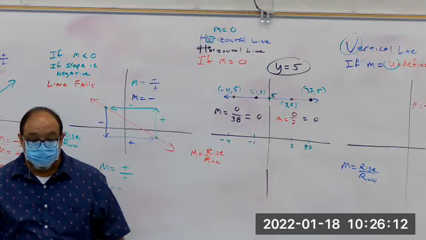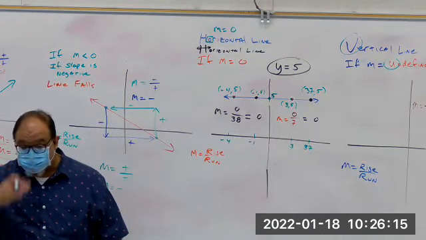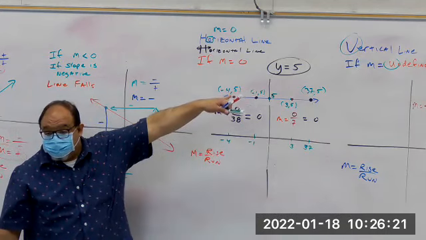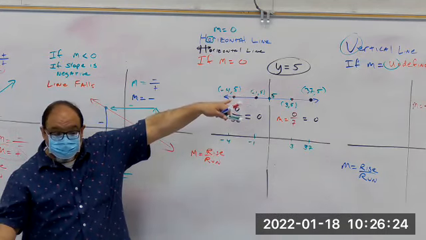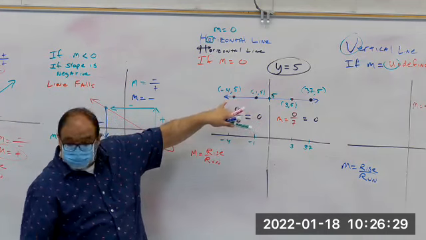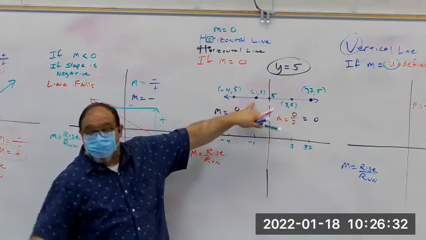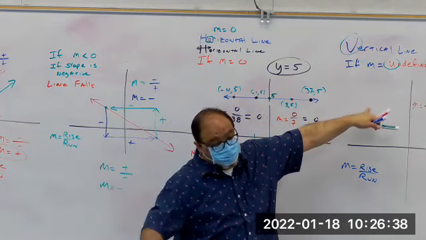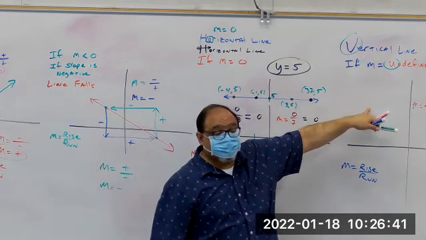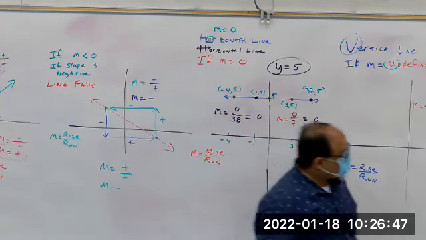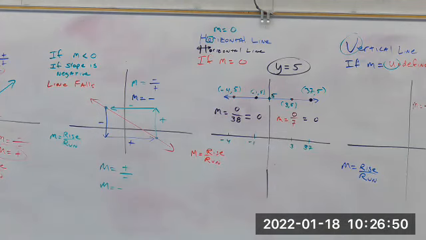You don't have an x in it because x isn't going to affect it. So all you do is put y equals 5. If it's horizontal, y equals whatever that y is always going to be. If x is 3,497, then y is a 5. So it's just y by itself, and y equals some number. There's no x.